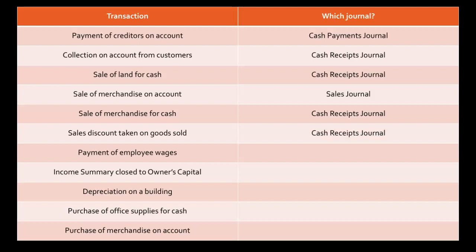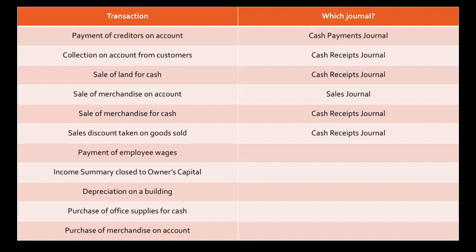This is going to go into the cash receipts journal. And why? Well, when we think back to those journal entries that we did for Taylor Company earlier in the review, when the sales discount was taken on the goods sold, we were receiving cash in that transaction. So this is part of that transaction of receiving payment from a customer. So this goes into our cash receipts journal.